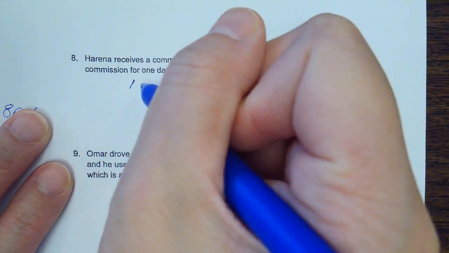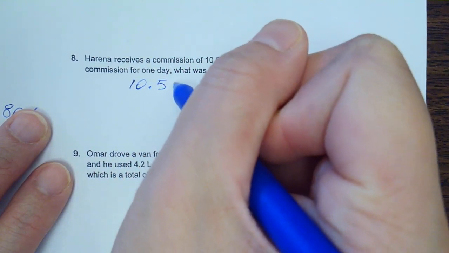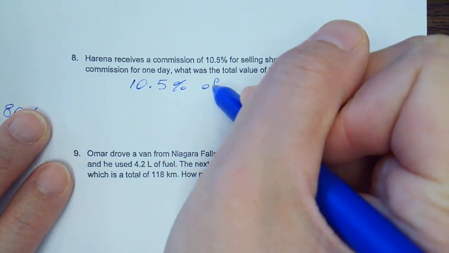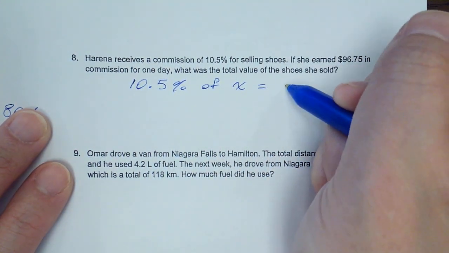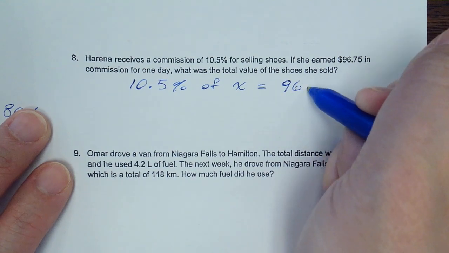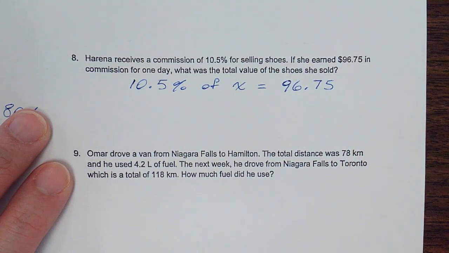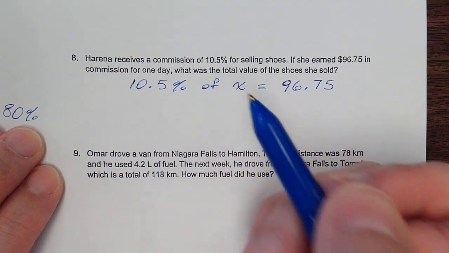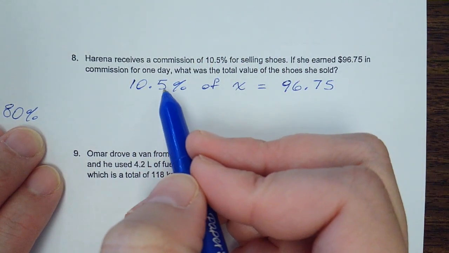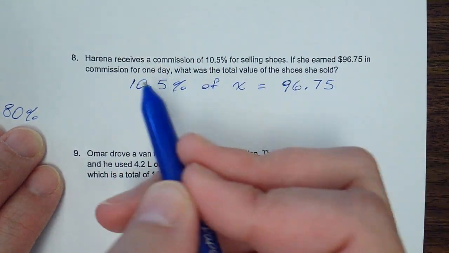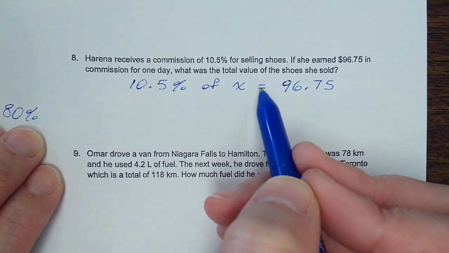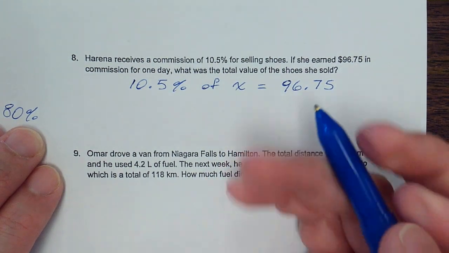So basically, you were asked 10.5% of something equals 96.75, and you're looking for the value. If I were to just translate this, it would be 10.5% of what is 96.75.